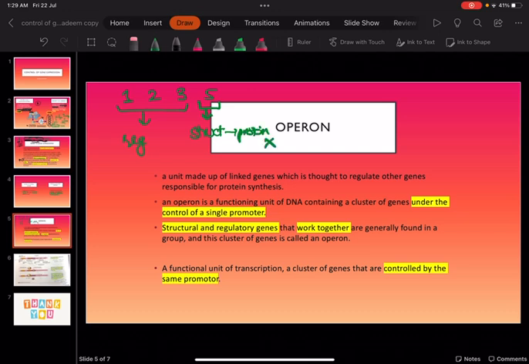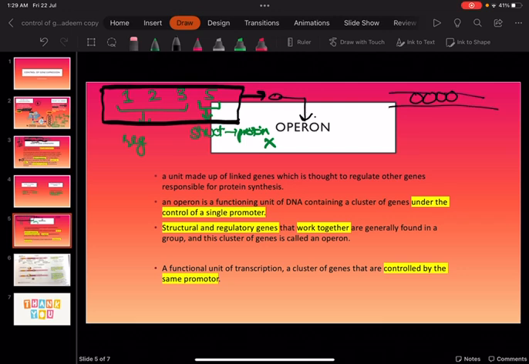Now, we have given the name to all of these 4 genes. This complete structure is basically called an operon. Right? So, I have gene 1, I have gene 2, I have gene 3, and then with it I have a gene 5, right?